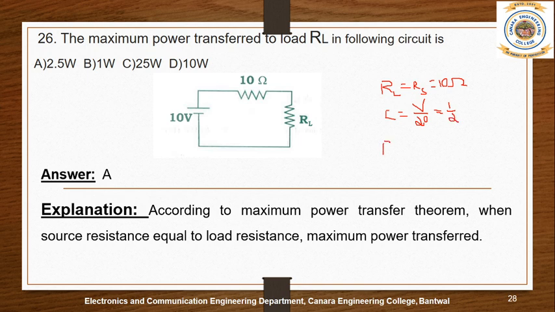So power is equal to 1 by 4 into 10, I square RL, that is 2.5 watts. So the correct answer is option A.